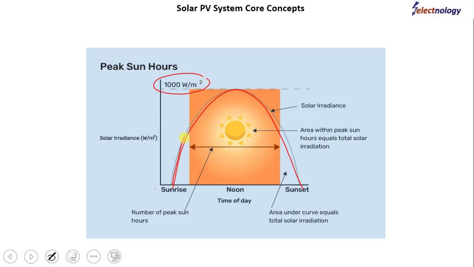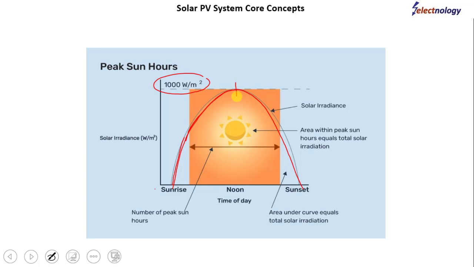When the sun is rising, due to the tilt angles or the altitude angles of the sun, the energy being received at a particular location starts increasing, and at noon the solar panel shall be receiving maximum power, and it's quite possible it is 1000 watt per meter square, or even less or more than this. So for the whole day the sun energy keeps changing.